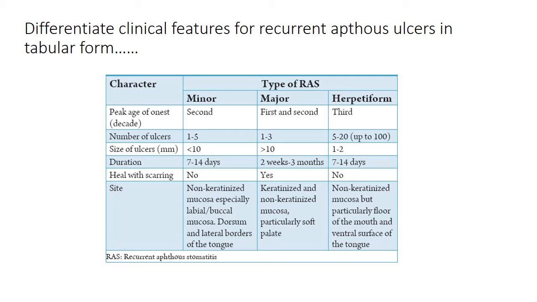They are pinpoint ulcers, very small ulcers. The duration is 7 to 14 days for minor, 2 weeks to 3 months for major aphthous ulcer, and 7 to 14 days usually for herpetiform. A common character for all three is that they are usually self-limiting.